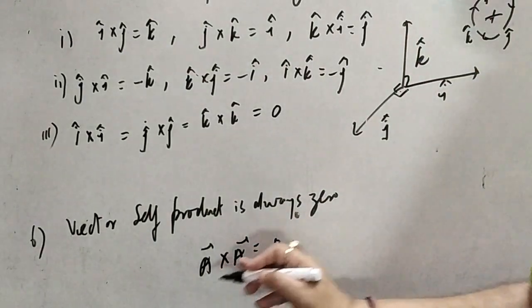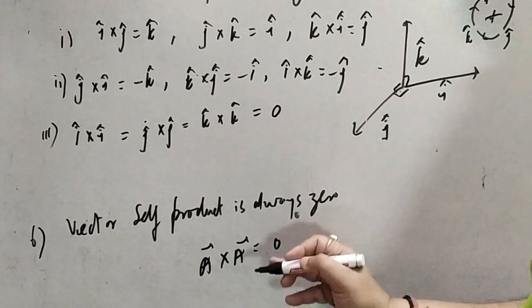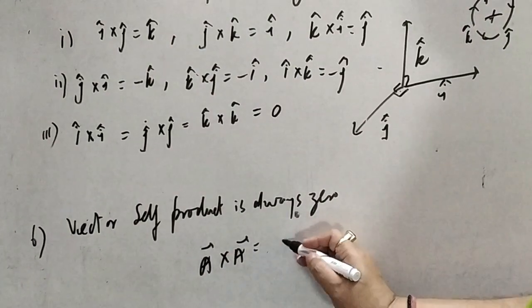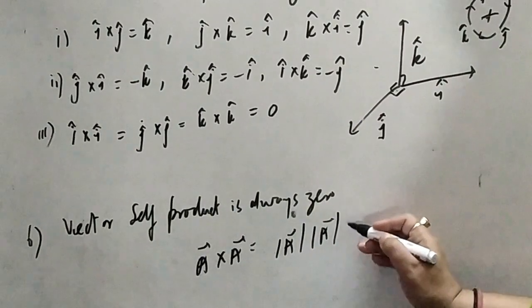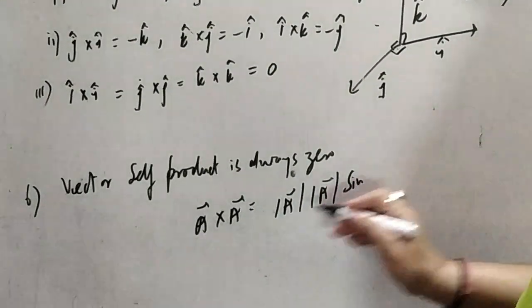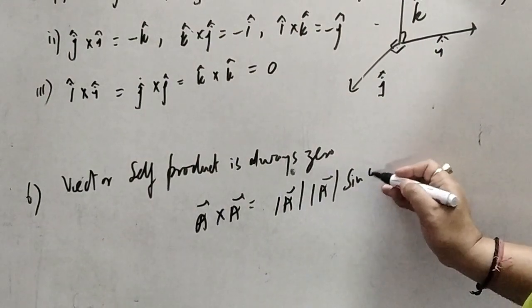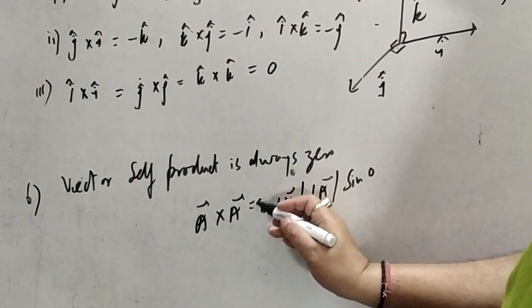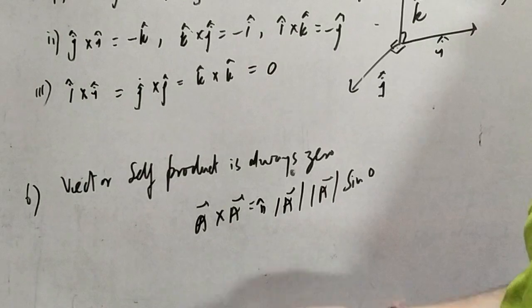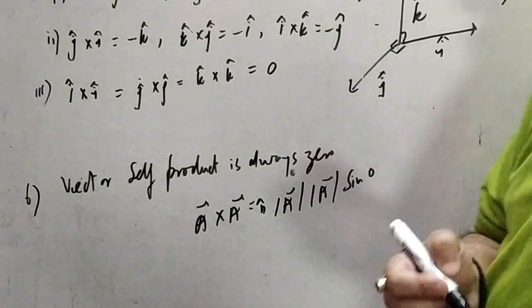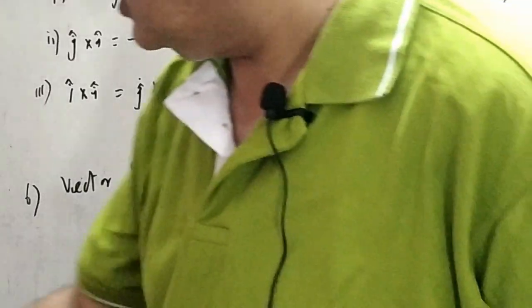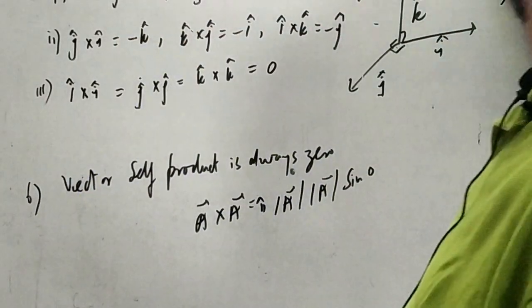Because we take the magnitude of A, the magnitude of another A, and also the angle between them. The angle between them is 0. Here the unit vector has no significance because ultimately it makes 0. This is in fact the sixth condition.